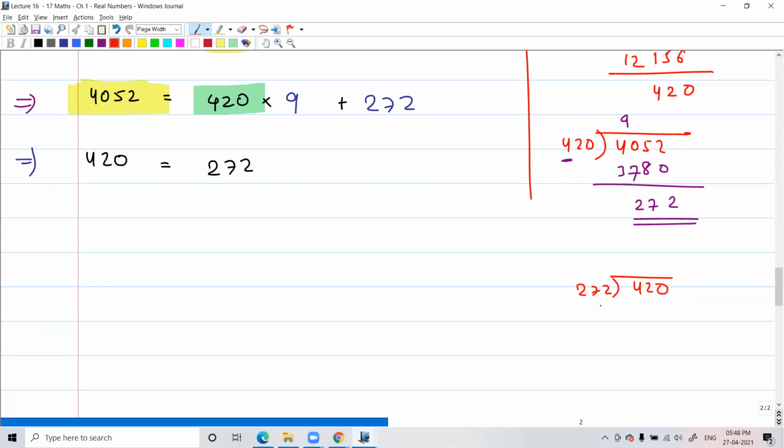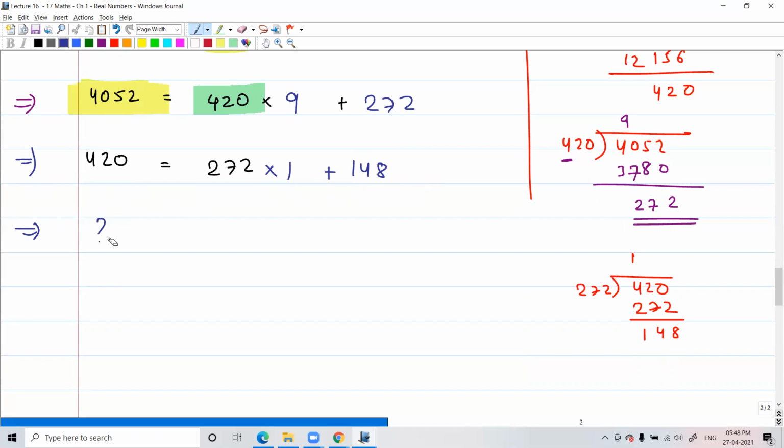Sir, quotient is 1 and remainder is 148. Okay. So it becomes 72 times of 1 plus 148. Still the remainder is not 0, so we'll have to do the same thing again.